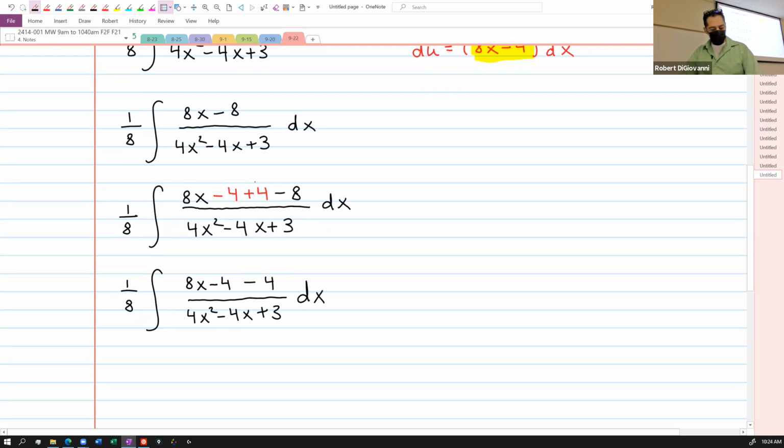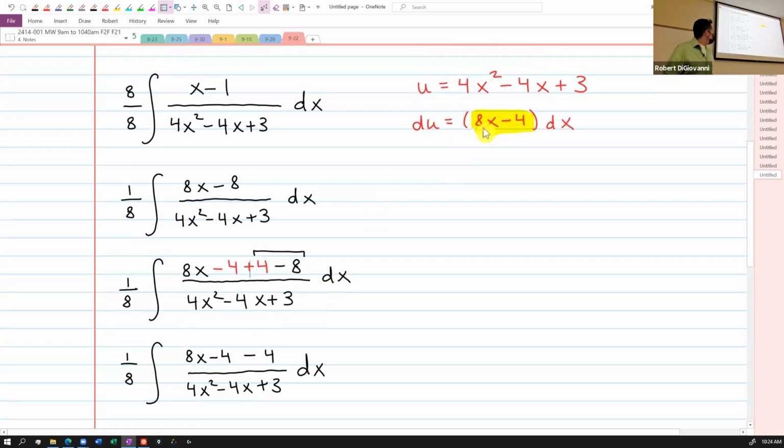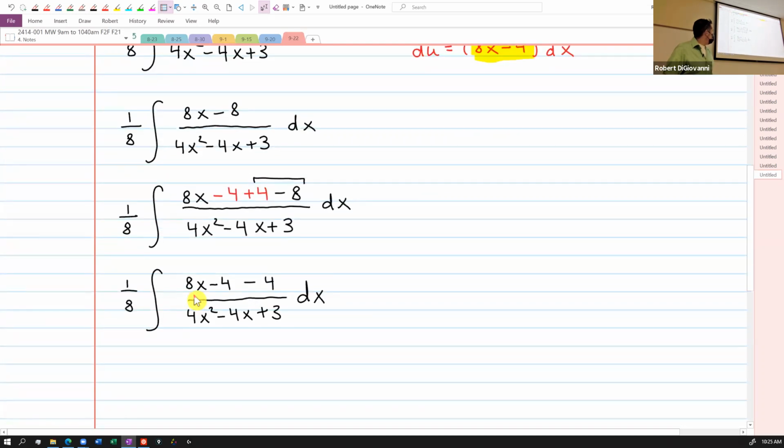All I did there was put that 4 and negative 8 together. I put those together and made that a minus 4, but I've got the 8x minus 4 right here, don't I? So this 8x minus 4 matches this 8x minus 4, but it doesn't match that, does it?